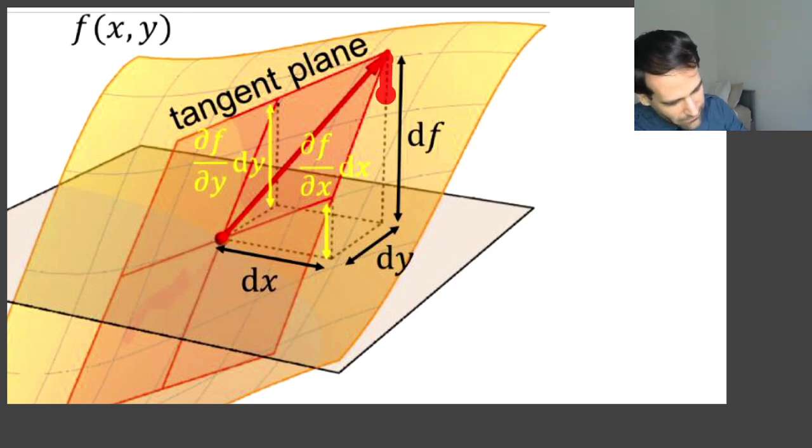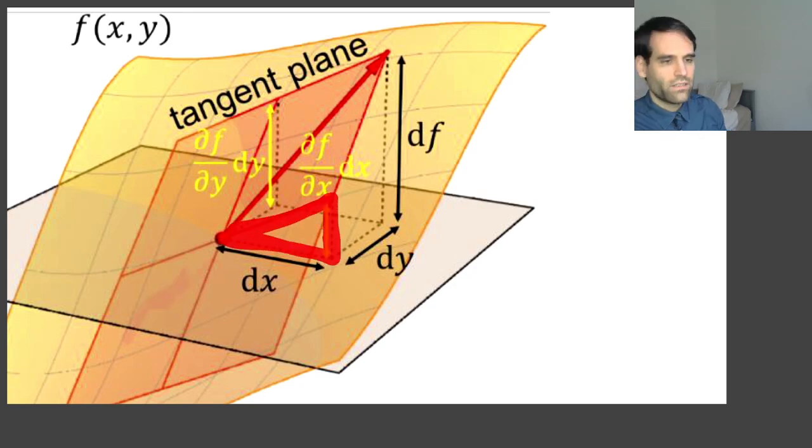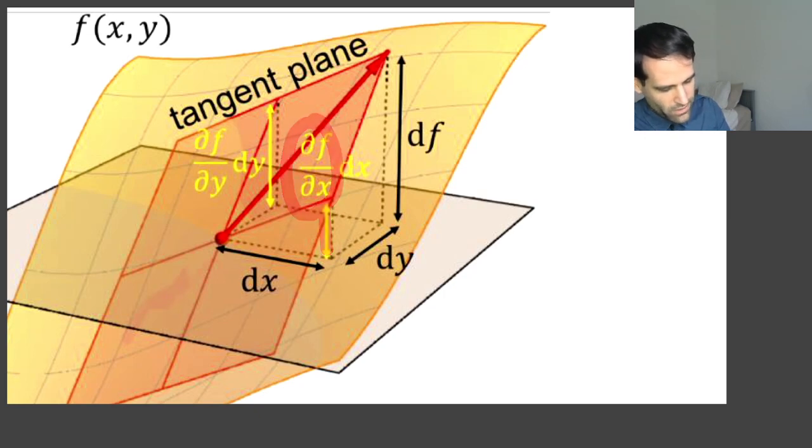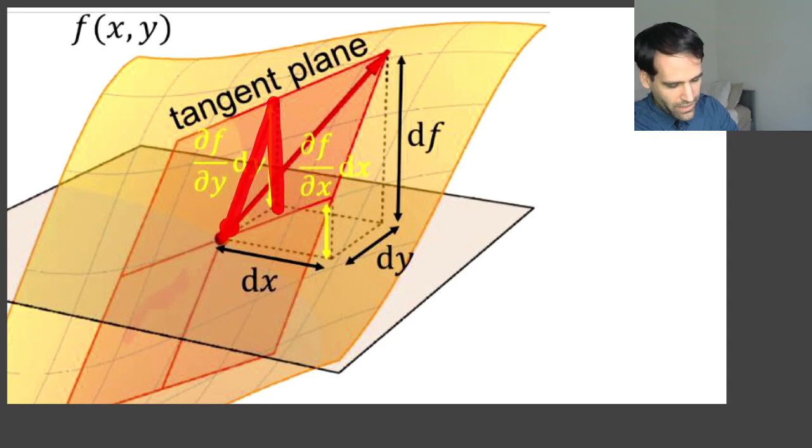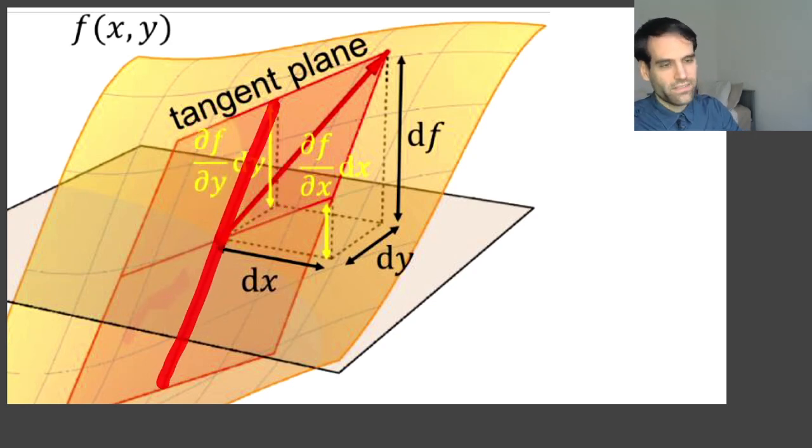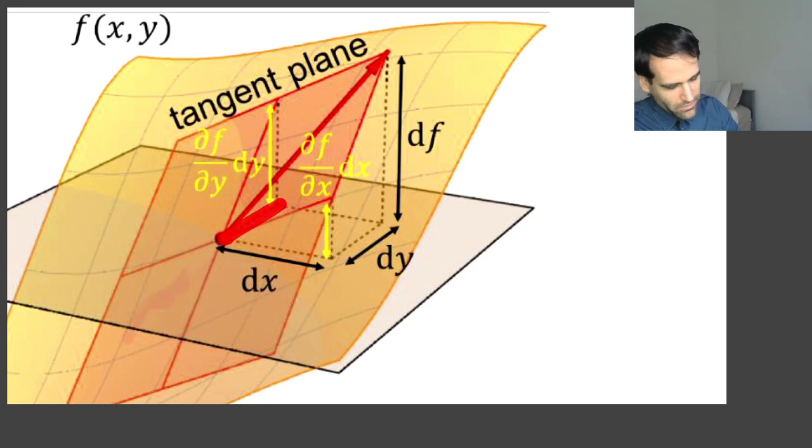And then finding df is very easy, because you can just find the height of this triangle here, which is given by partial of f with respect to x, which is the slope in this direction, times dx. That will give you the height of this triangle, plus the height of this triangle here, which is a right angle triangle, whose height is given by the partial of f with respect to y, which gives you the gradient or the slope of this line, multiplied by the step dy.